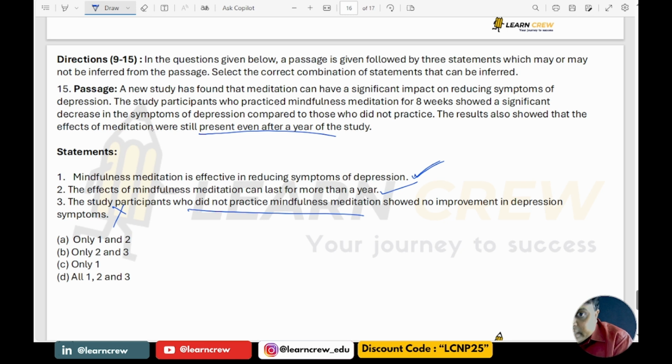It discusses those who practiced, the participants who practiced mindfulness meditation. The passage does not talk about the participants who did not practice mindfulness meditation. So it is not an inference from the passage. So we can say only 1 and 2 are valid inferences. So we can say option A is correct.